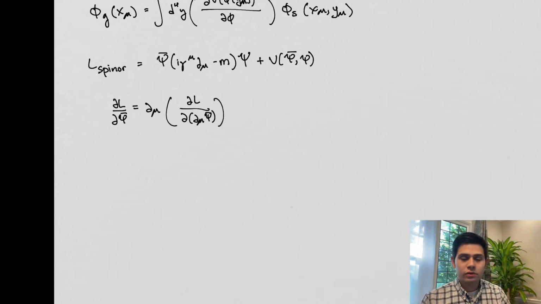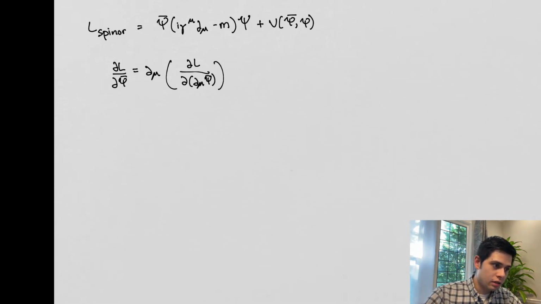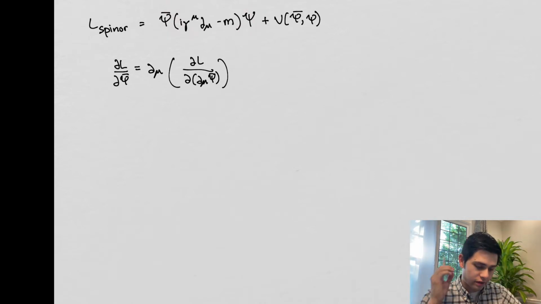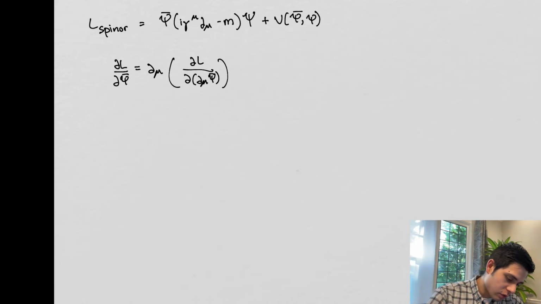And what we're going to be able to see is that we're going to be able to isolate the potential, right? Because the derivative of this with respect to this was just going to be all of this right here, because it's sort of like a constant, right? When we're taking a derivative. So we're going to have i gamma mu d mu minus m.